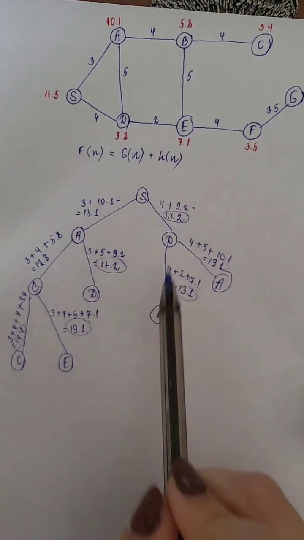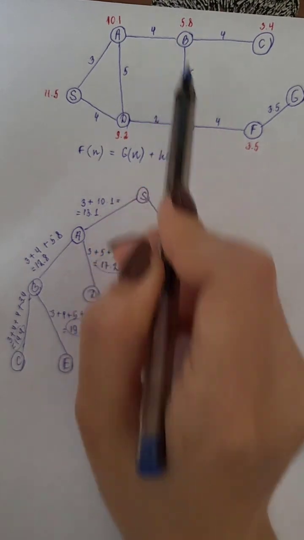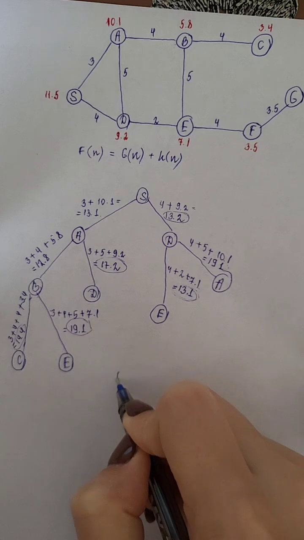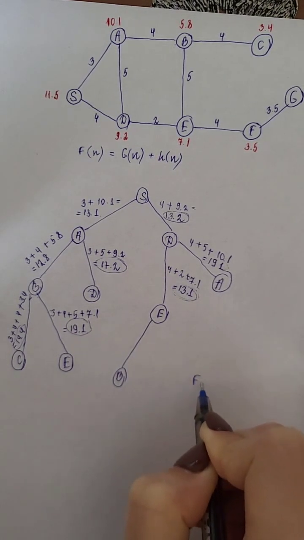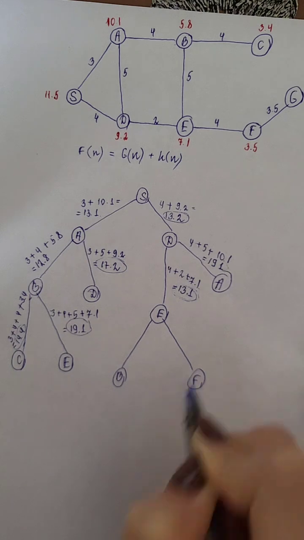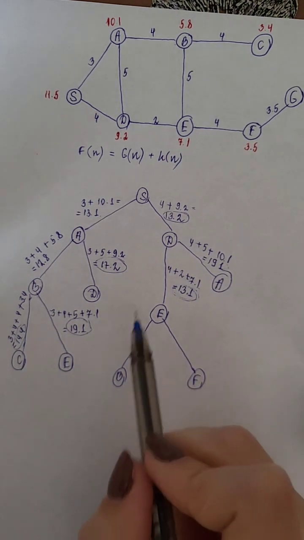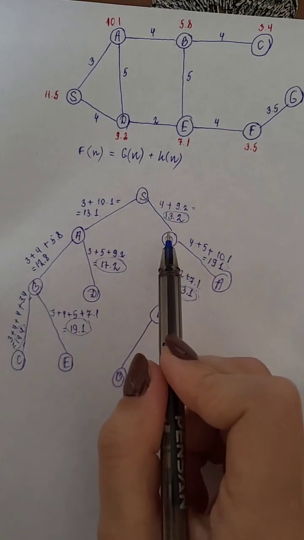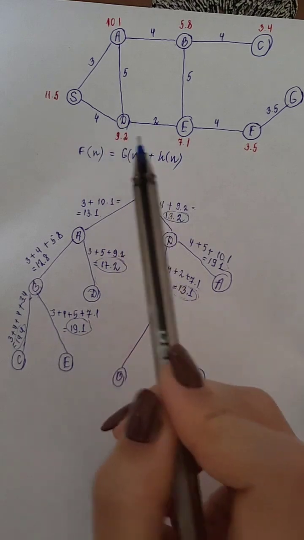So what are the neighbors of E? B and F. So I will write here B and F. And let's calculate the distances. So from S to B, what's the distance? This one. Look at this graph.